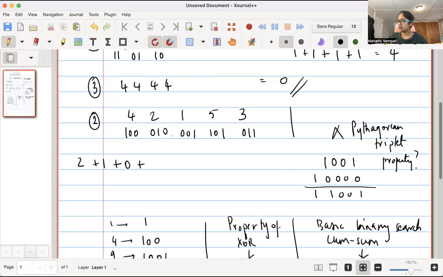No, this 1, 1, 1. That's 1, 0, 0, 1. That's 0, 0, 0, 1, 0, 3. Versus how many total subarrays are there? 5.